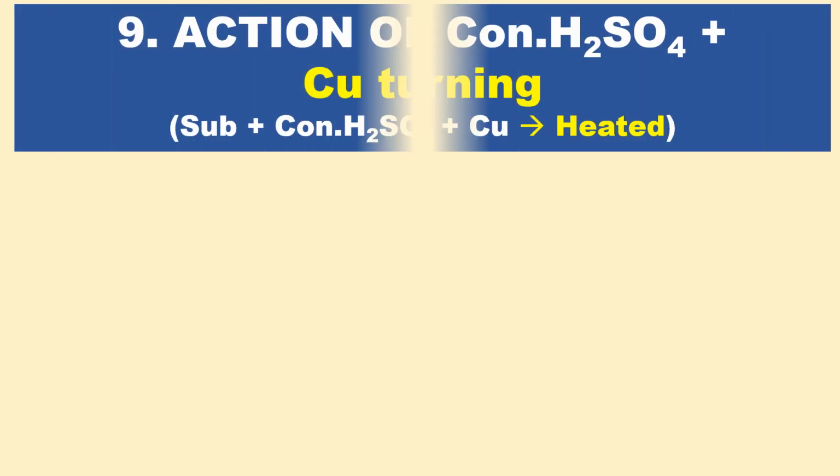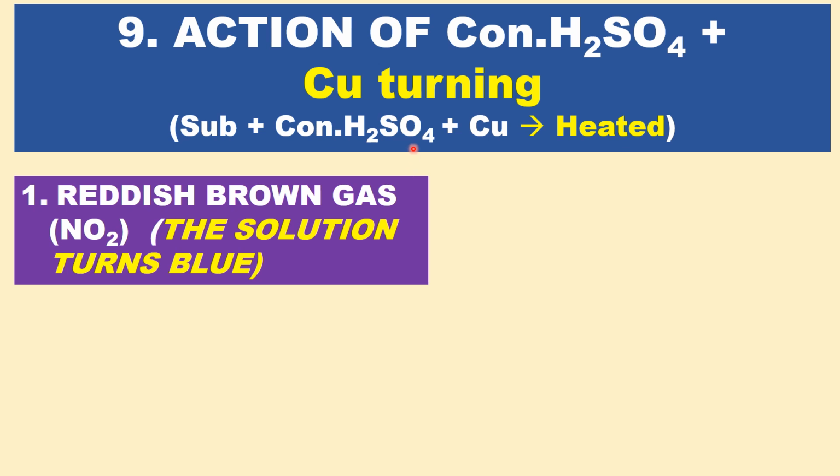You take the substance in a test tube, add 5 to 7 drops of concentrated sulfuric acid or half an ml, and then copper turnings, and heat slowly and then vigorously. First heat slowly, and a reddish brown gas is evolved, and the solution turns blue because of the formation of copper nitrate.